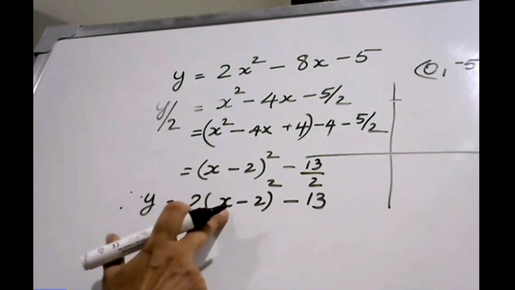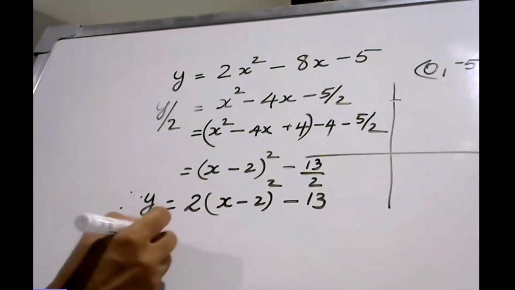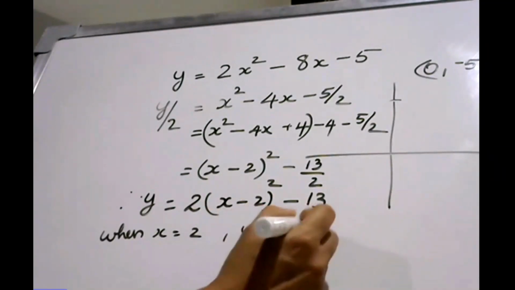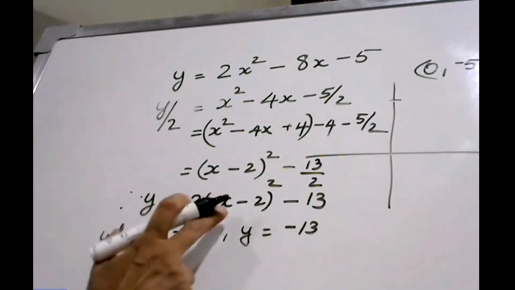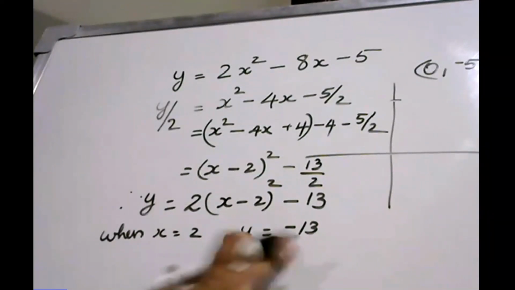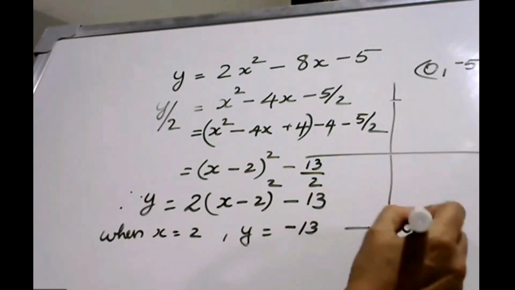So now see, when x is equal to 2, y is equal to -13. When x is equal to 2, this term gets canceled. Is that clear? Yes. So the value of y is -13. So we got the turning point.